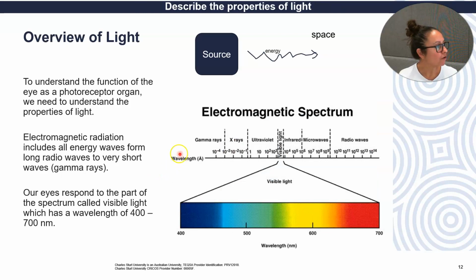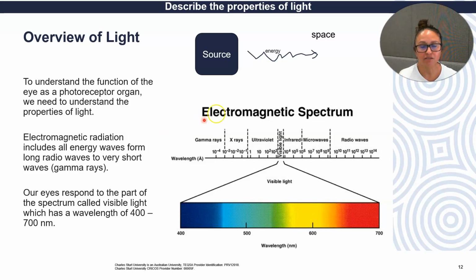Okay, so before we start learning about how light is converted into action potentials, we just need to spend a little bit of time reminding ourselves what light is. Just like what we did with sound, exactly the same. Remember, what is electromagnetic radiation?